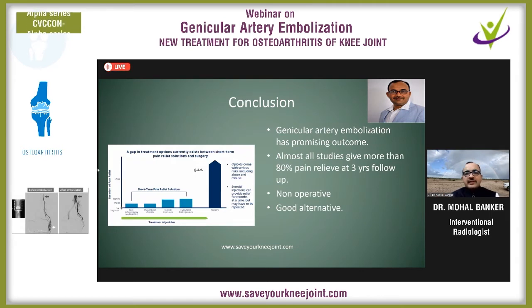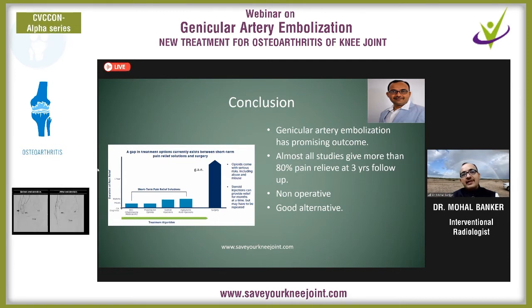So, in conclusion, we have seen lots of literature suggesting more than 80% pain relief with this genicular artery embolization.